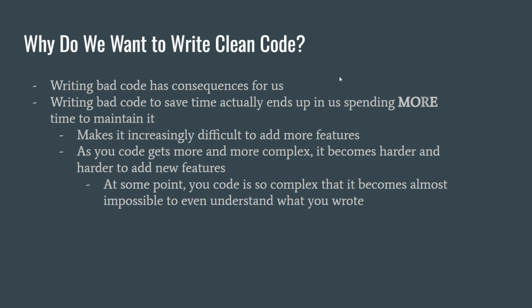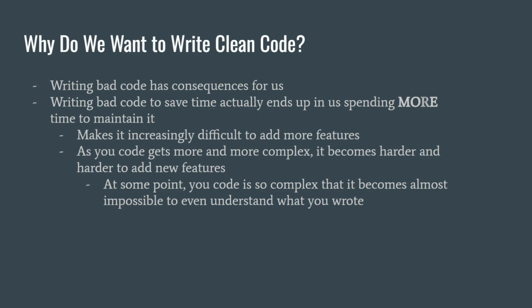Then we might be facing some adrenaline and we might be like, oh well, let me try to get this feature done in 2 days like the client wants. And the problem with that is we're gonna write a bunch of bad code. If we want something done in 2 days, or if we're strict on time, then we're probably gonna rush through it and just try to get things done. And that's kind of what bad code is, where we don't care about anything else, we just want the thing to work.